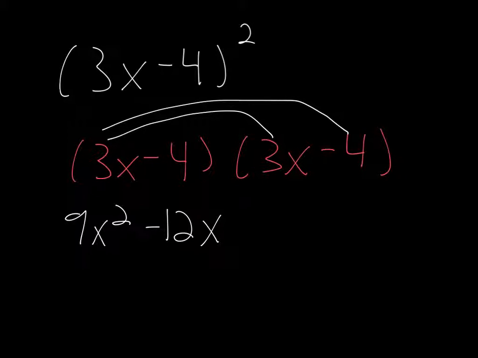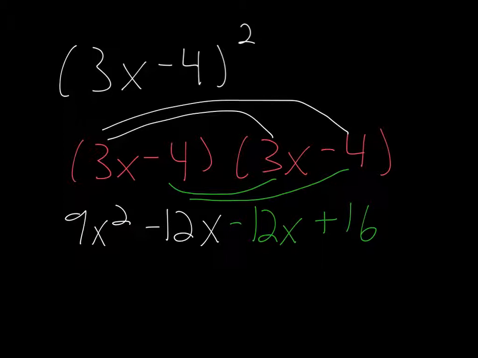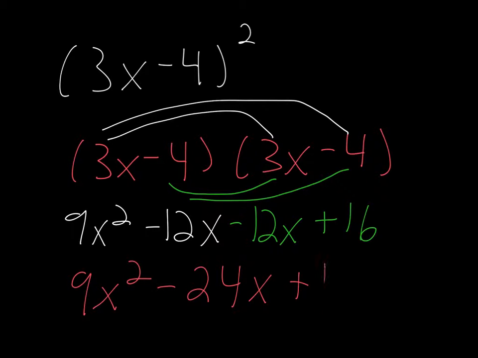Then we got to distribute our negative 4 as well. So negative 4 times 3x is another negative 12x. And negative 4 times negative 4 is positive 16. Then we got to combine our like terms. I got a couple of negative 12x's. Again, they won't cancel because they both are negative. So they're going to combine to negative 24x, which makes our answer 9x squared minus 24x plus 16.